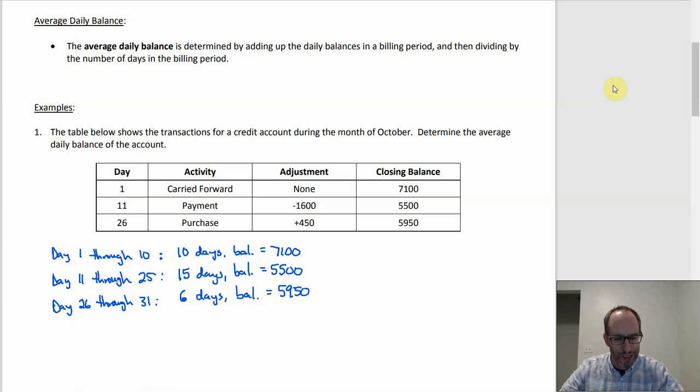That first one is just 10 days long, because then after that you could use the endpoints, right? Like day 25 minus day 10, that's 15, right? And then day 31 minus day 25, that's 6. And I guess another check is just that the 10 plus 15 plus 6 does add up to 31, and that is how many days are in October.